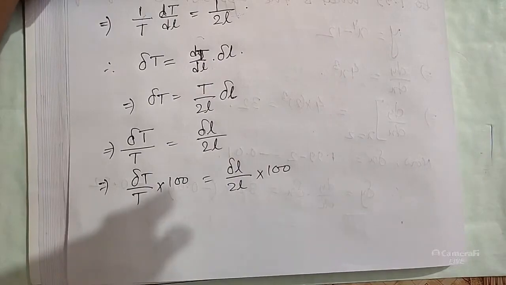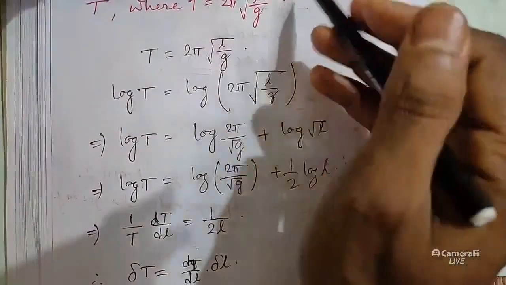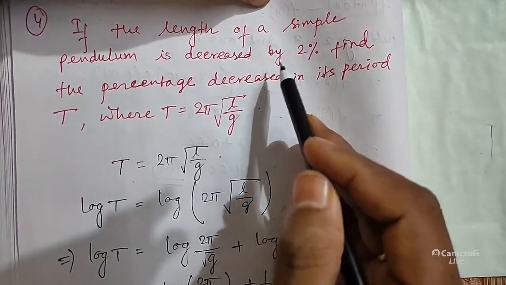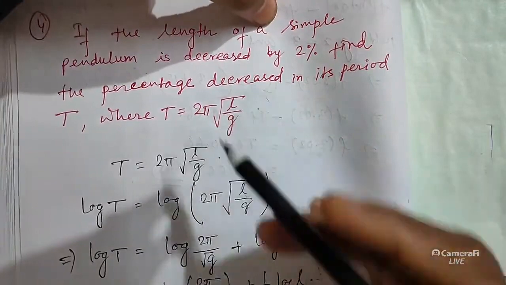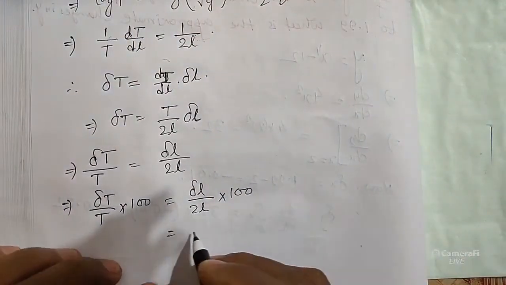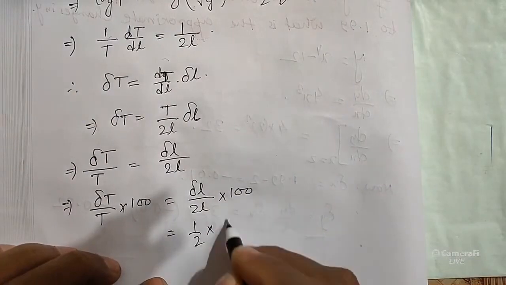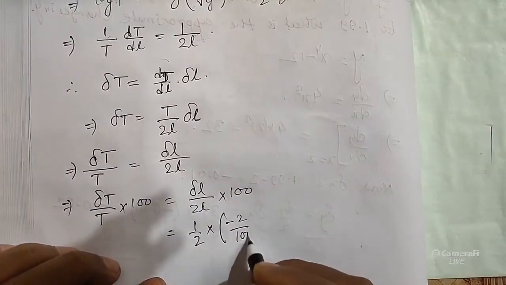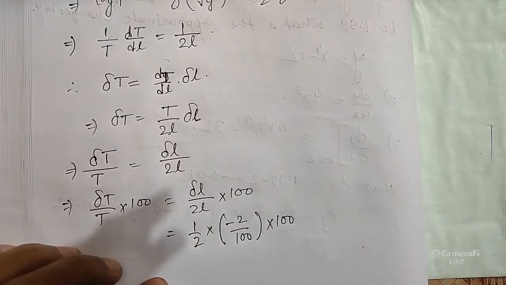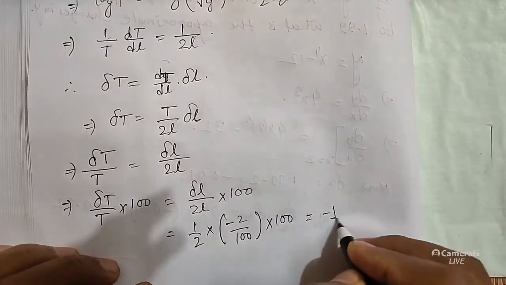Now del L by L, this is given in the question, decreased by 2%. That means minus 2 by 100. So here it comes, this is equal to half into minus 2 by 100 into 100. So 100 cancels, 2 cancels, that is minus 1.